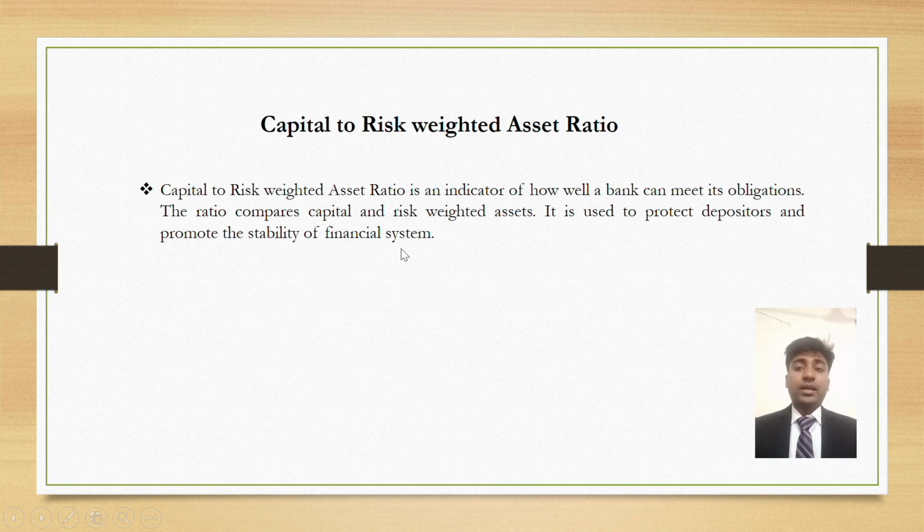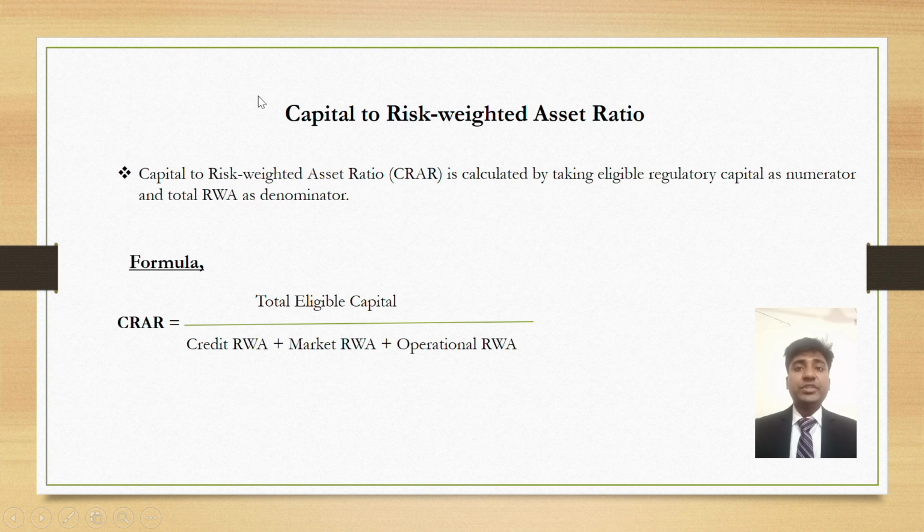Next, how to calculate the capital to risk weighted asset ratio. CRAR is calculated by taking eligible regulatory capital as the numerator and the total risk weighted asset as the denominator.